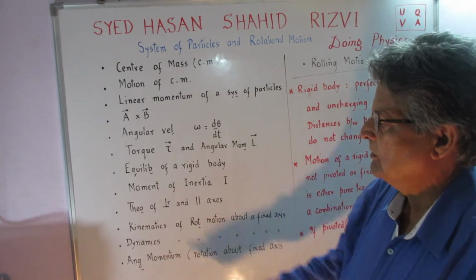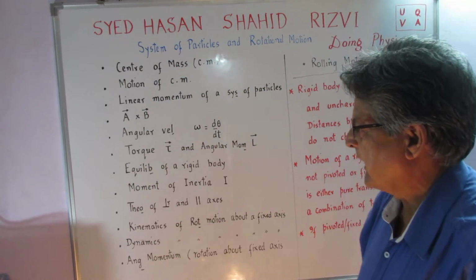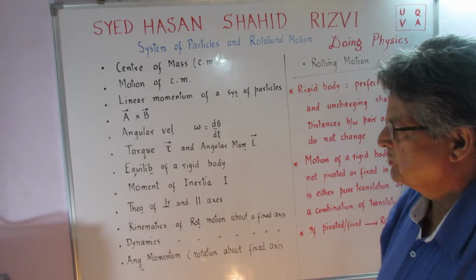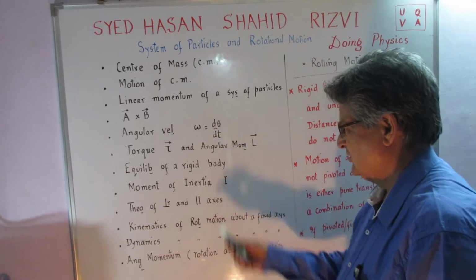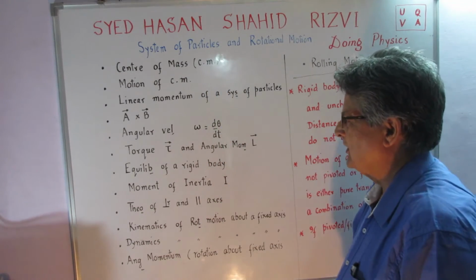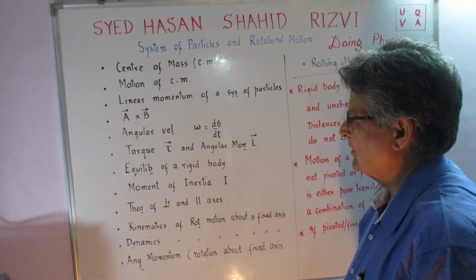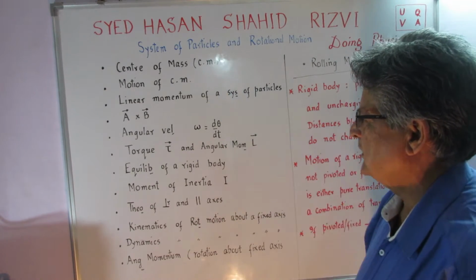Then I define angular velocity, which is omega, radians per second, defined as instantaneous angular velocity omega equals d theta over dt.